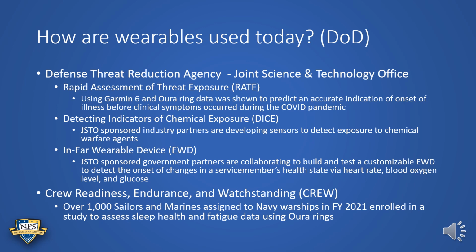The next project is detecting indicators of chemical exposure, where the JSTO, as well as their industry partners, are working to develop wearable sensors to detect exposure to chemical warfare agents. And the next project is an in-ear wearable device, where the JSTO, again, is working with government partners to collaborate and build an in-ear wearable device to detect changes in a service member's health via heart rate, oxygen level, and glucose.